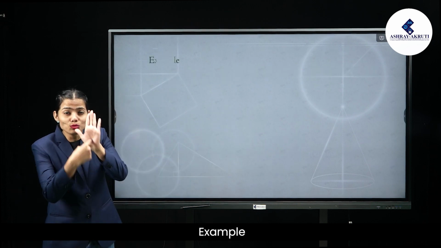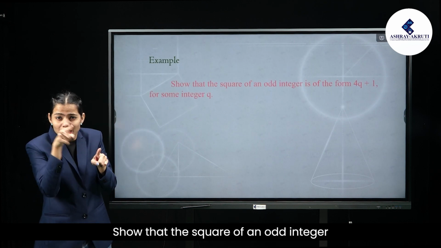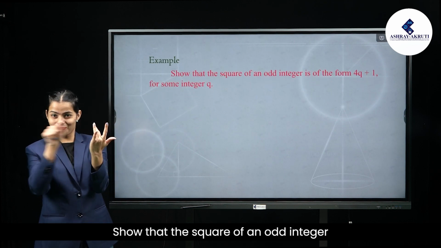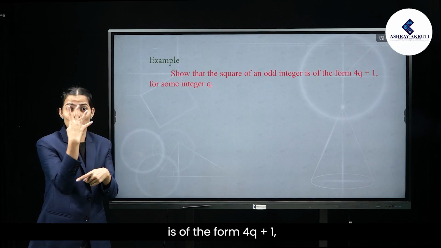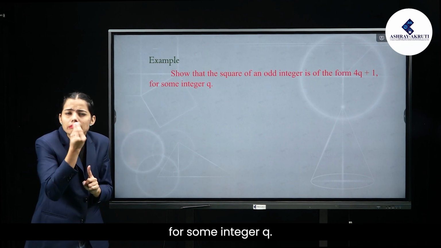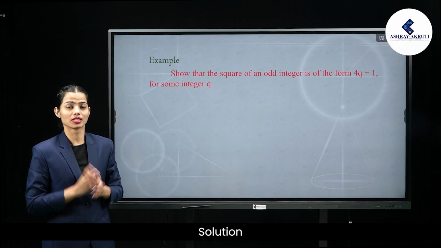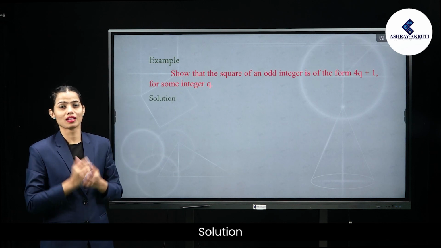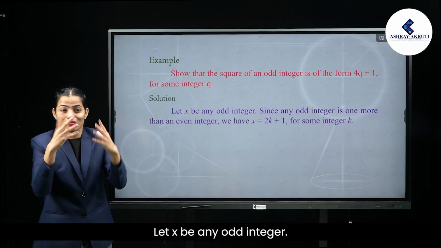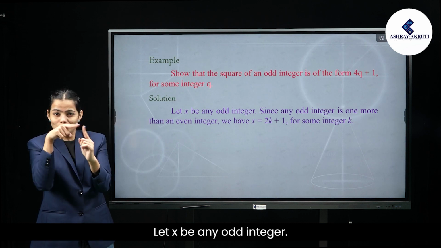Example. Show that the square of an odd integer is of the form 4q plus 1 for some integer q. Solution. Let x be any odd integer.